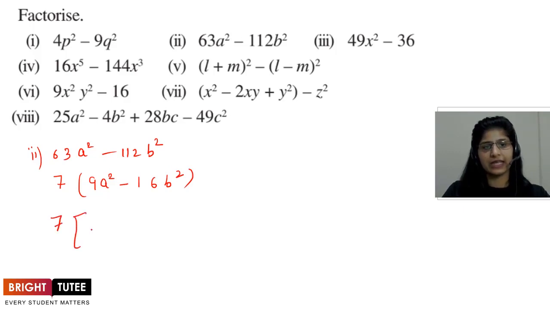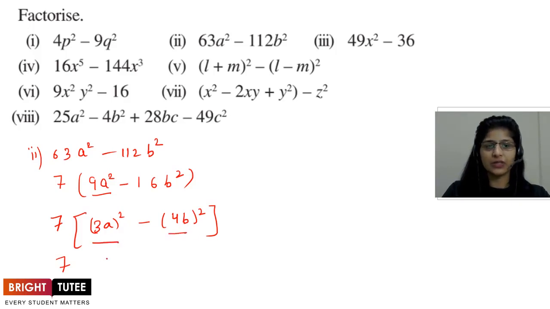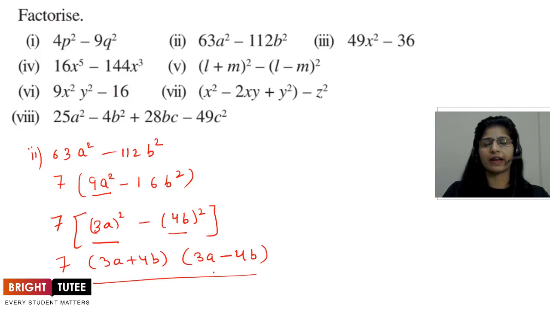So we have 7 outside. 9a square can be written as (3a) whole square, minus 16b square is (4b) whole square. Now it is a square minus b square, so it will be (a plus b) and then we'll write (a minus b). So this is the factorized form of it.